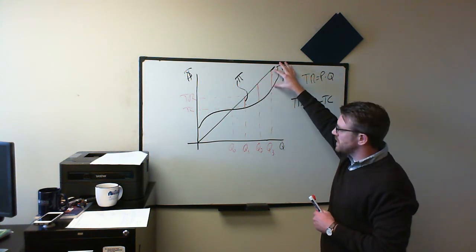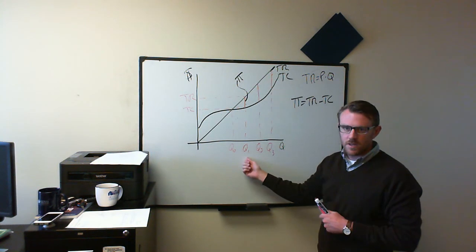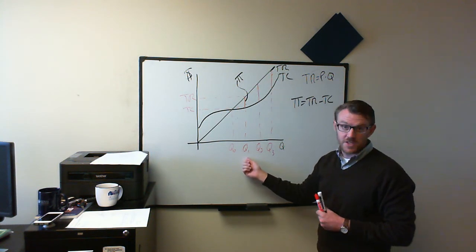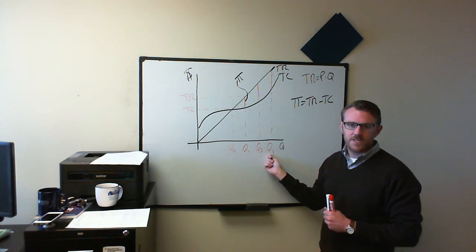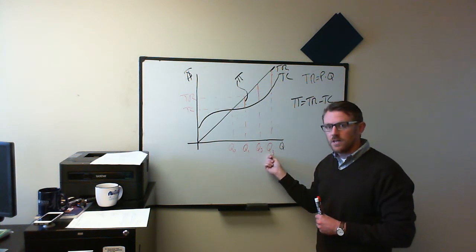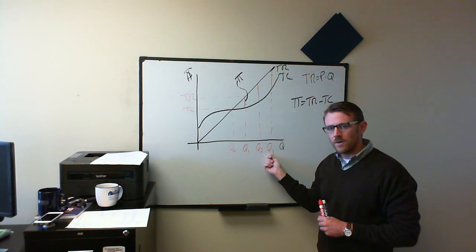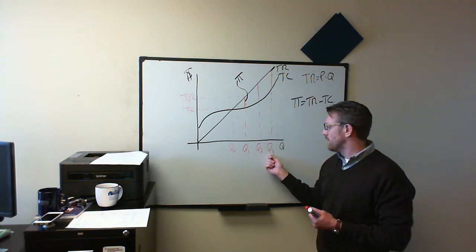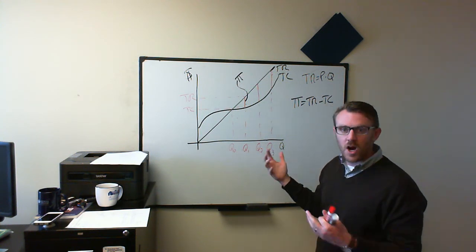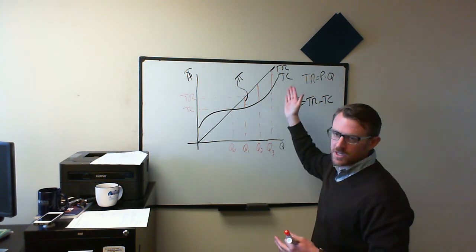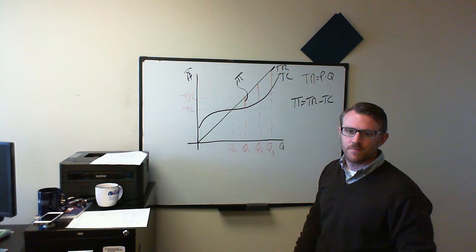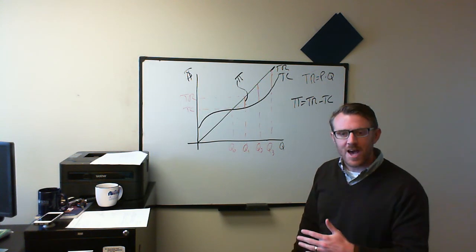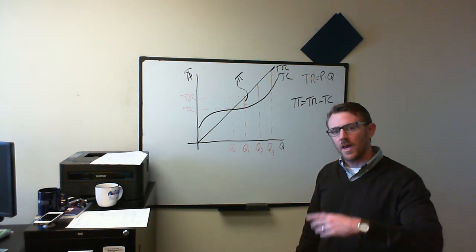So it seems to suggest that firms can produce too little, right? They could sell more goods and make more revenue and turn more profits. However, it also suggests that firms can produce too much. So why would profits go down if I keep producing up to Q3? Well, costs are exploding, right? It's that tension, that short-run tension that's created when the marginal product of labor starts falling and costs start exploding.